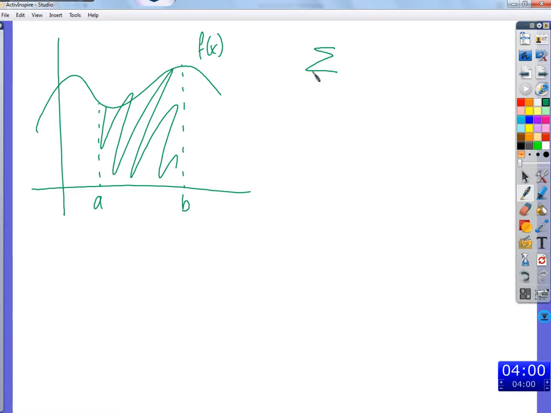We're going to sum up from the first rectangle to which rectangle? The nth rectangle. And then we'll let n change for any number of rectangles that we want.